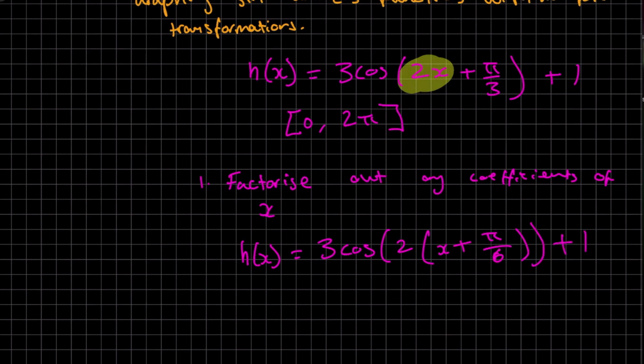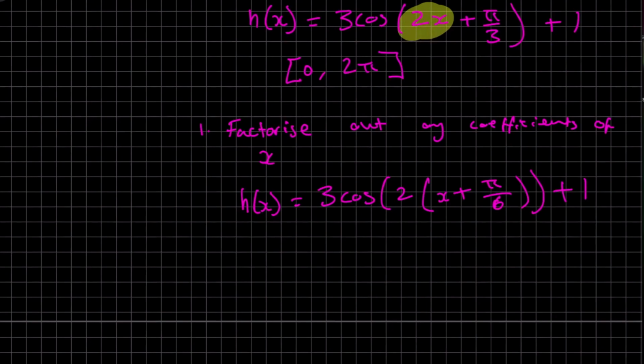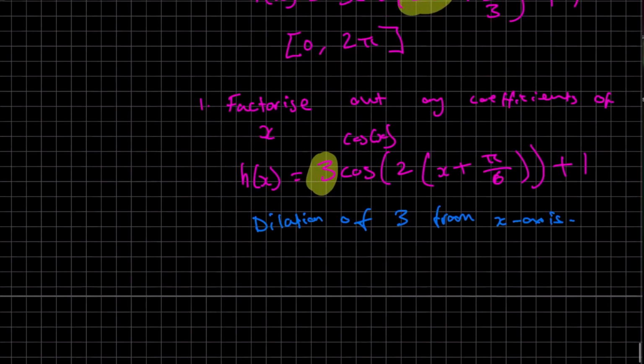Now over here, we can clearly see the transformations that have been done to our original graph of cos of x. We can see that there is a dilation of 3 from the x-axis. We also have a dilation of a half from the y-axis.